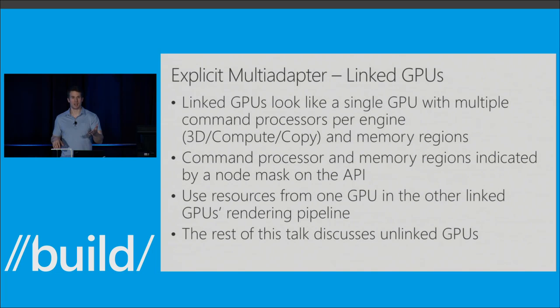If GPU A is doing some heavy lifting on one resource, you'd allocate that resource local to GPU A. But eventually, when you want to move that resource to GPU B, B can access it across whatever dedicated bus, whether it's a specific hardware bridge that's been added across the cards, or whether it's over PCI Express. So again, with linked GPUs the API looks like a single GPU, but we enumerate more and more engines that are possible to target. And it's a much more seamless experience with resources.